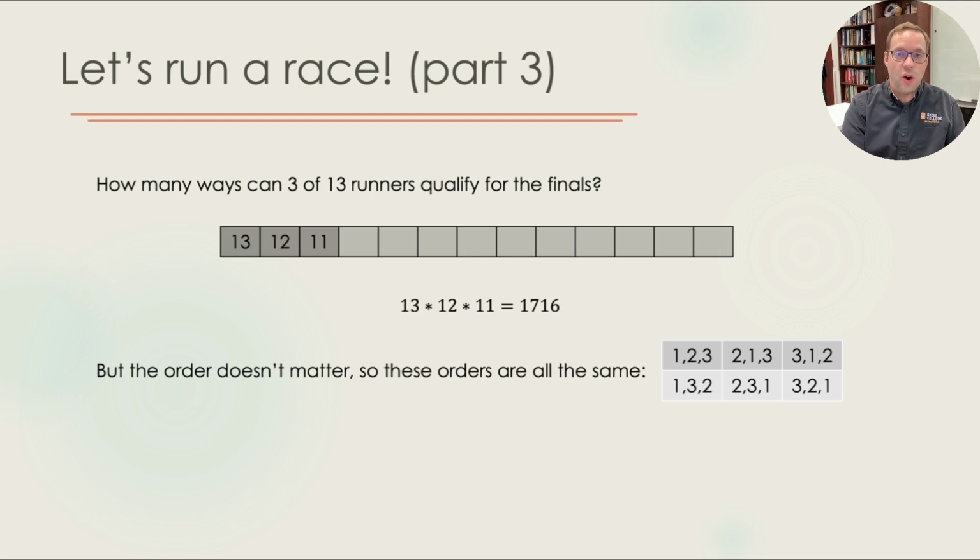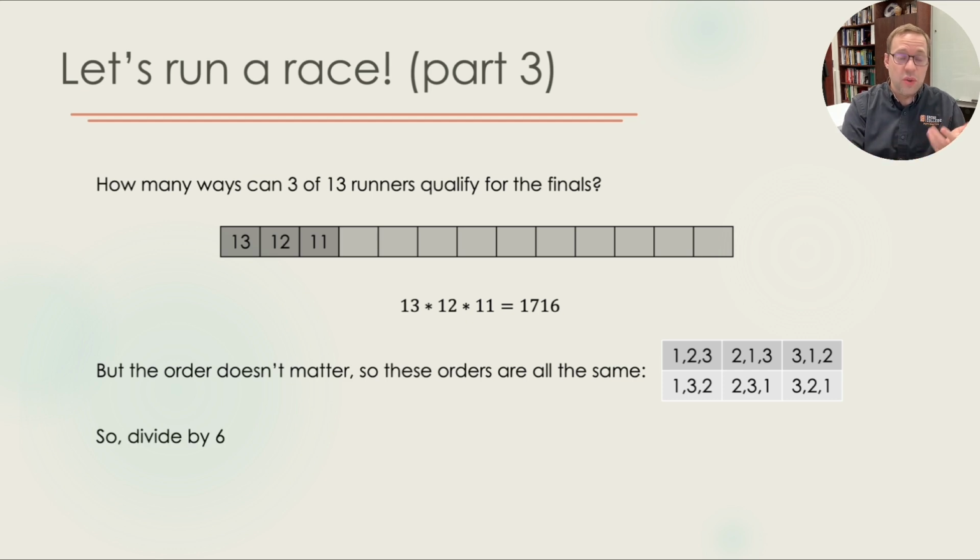All right, so those 1,716 different ways that people can cross the finish line, for each different way that they can be finished first, second, and third place, there are 6 different ways that those 3 people can finish the finish line.